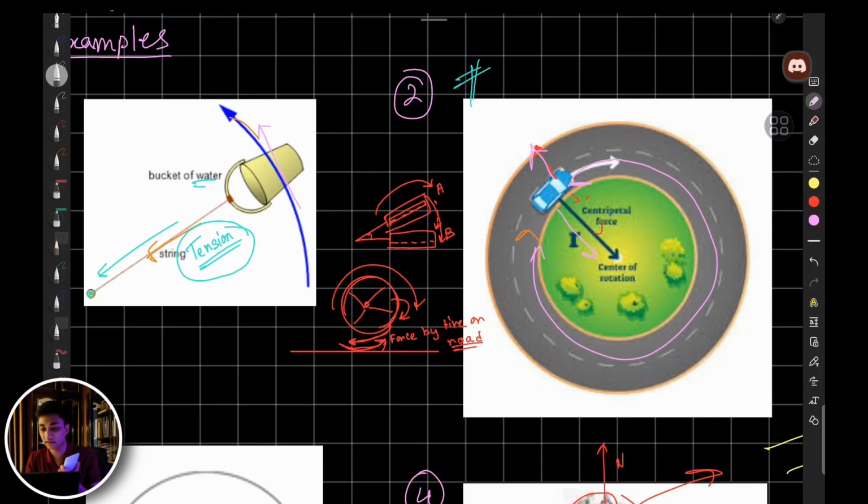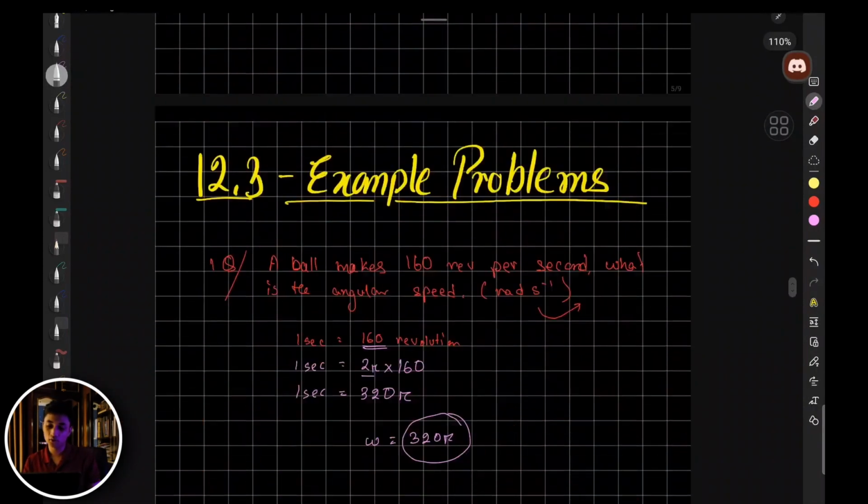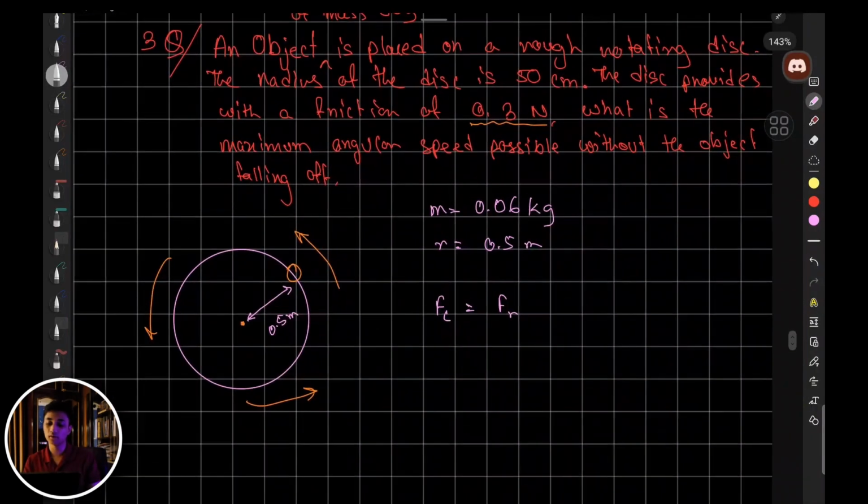Let's say at this angle, which is why there is a friction force opposite to that direction, which acts inwards towards the center. So if the friction force is acting towards the center, that contributes to the resultant centripetal force. Therefore, we know that the friction is causing the object to remain on the disc.